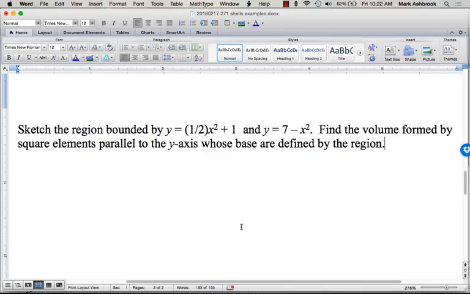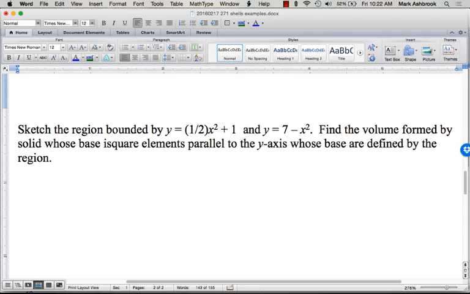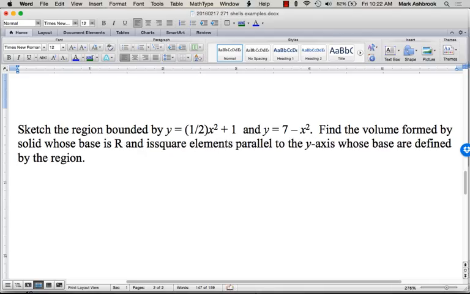So rather than taking that region and rotating it about something, we're going to say that that's going to be the base. So the region R is the base of a solid, formed by square elements parallel to the y-axis.